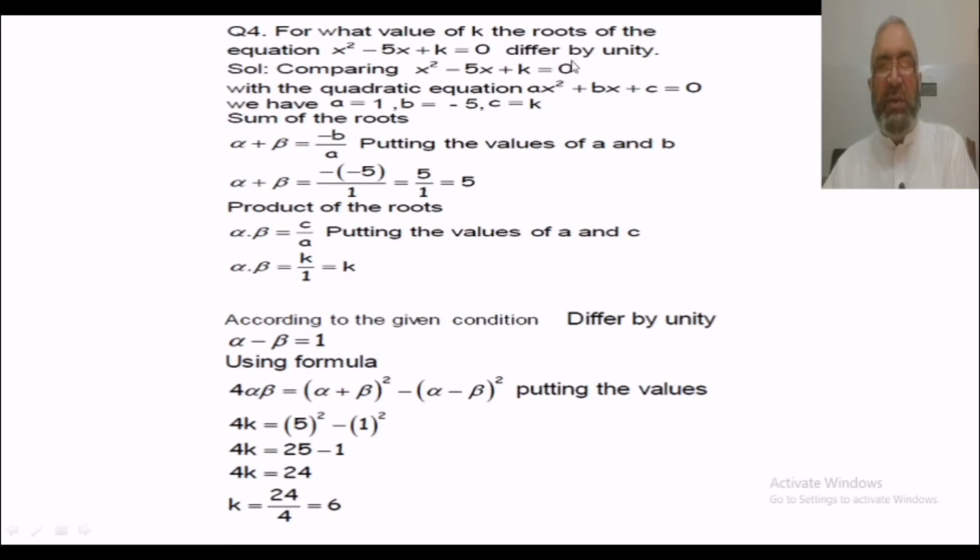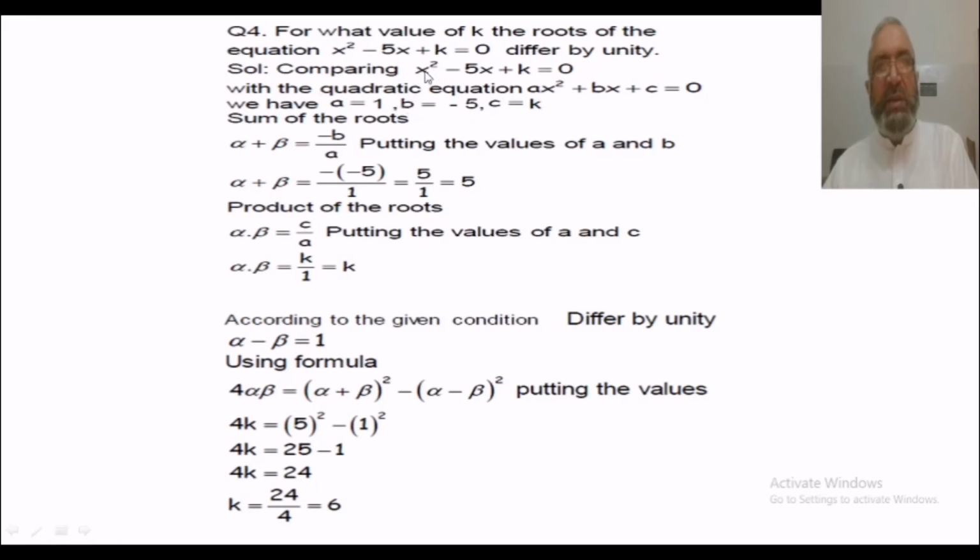Or if we take one root alpha, the second we can take alpha minus 1. That is, if one root is alpha, the second root is 1 greater than the first one, or 1 less than the first one. So that is another method. We take the first method, which is the simplest form.